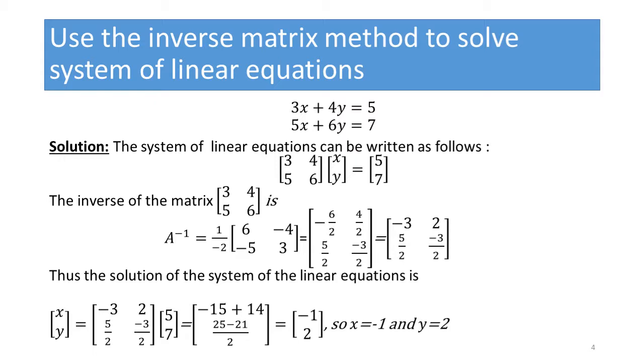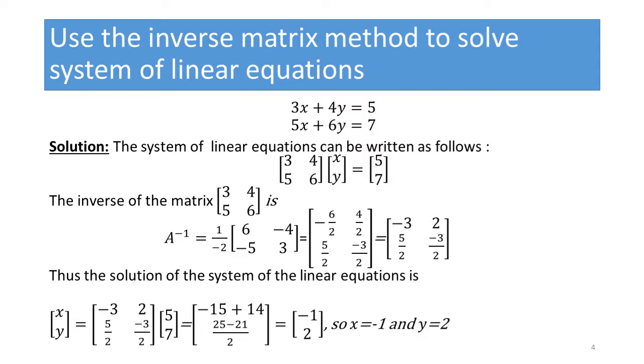So now it is a 2 cross 2 matrix. Next one is the variable matrix. We have two variables x and y. That is equal to what is on the right side, it is 5 and 7. So we get A is a 2 cross 2 matrix, X is a 2 cross 1 matrix, and B is the constant matrix. It's also a 2 cross 1 matrix.